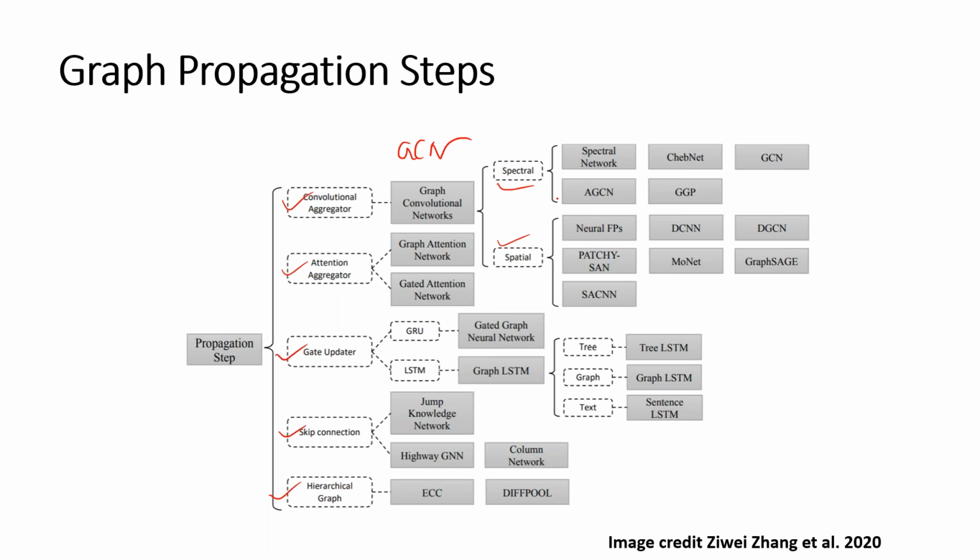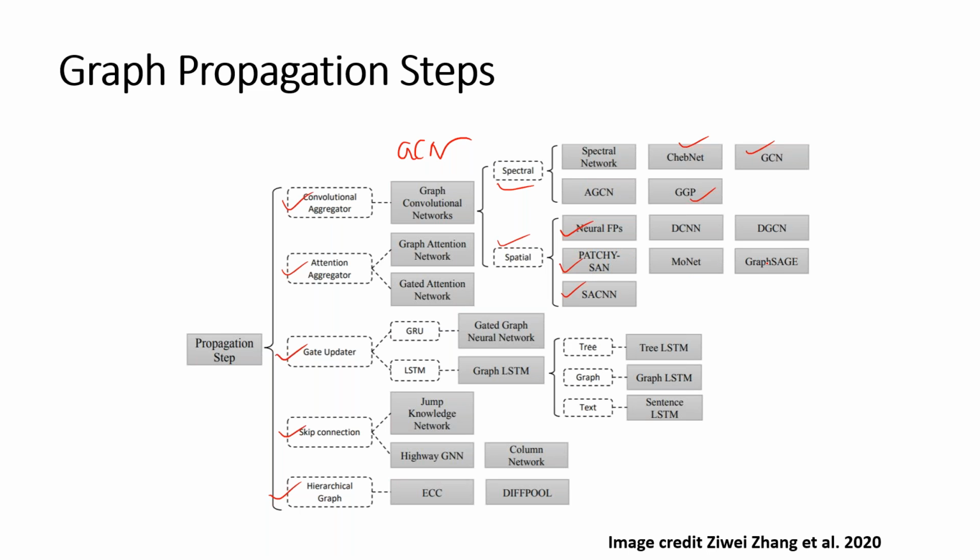In spectral, we have spectral network and AGCN, or ChebNet and GCN, right? So these are the algorithms and neural network models that are being used. And in a special category, you have Neural FPs, PATCHY-SAN, and then SSE-NN, right?